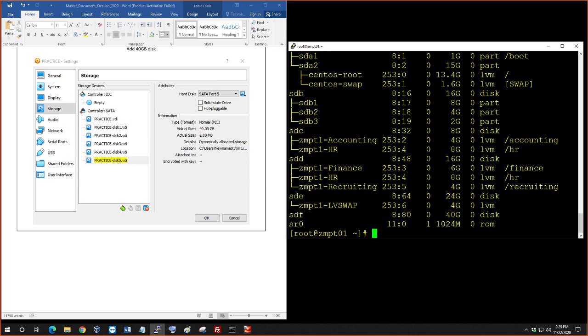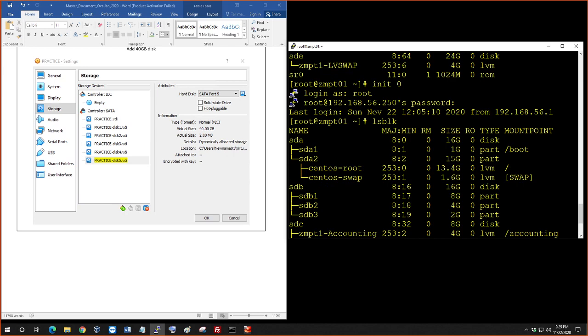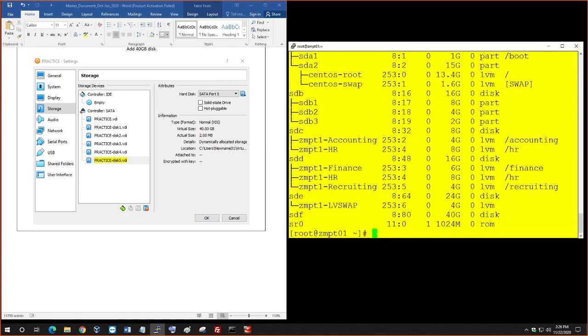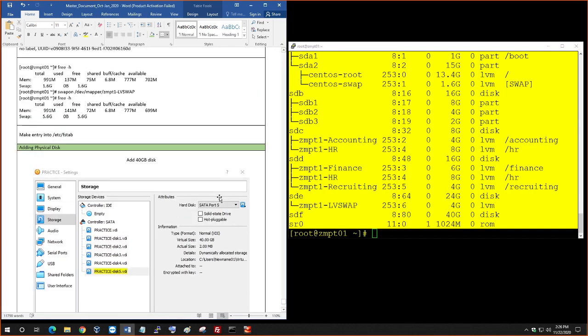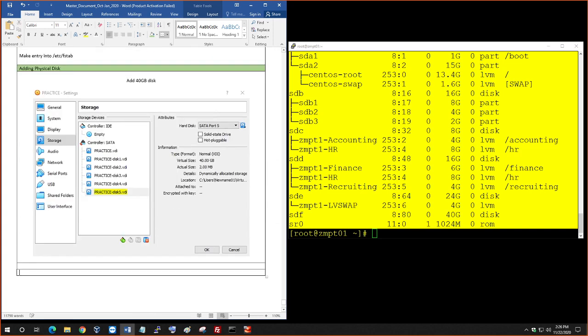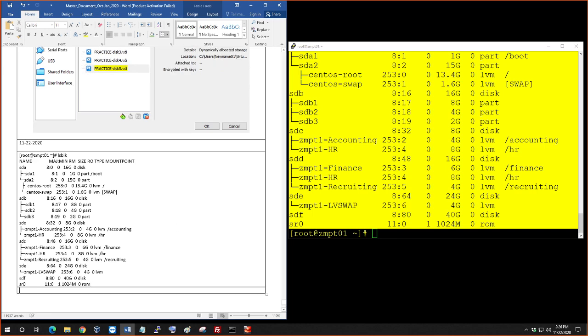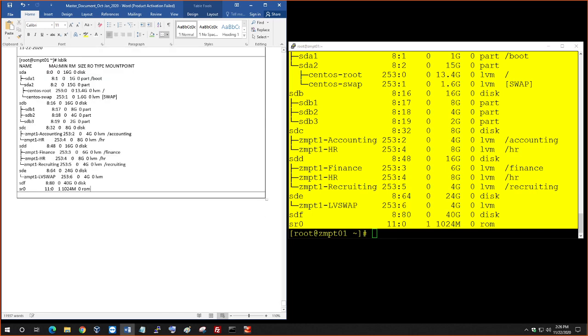I have this new drive added in here. Let me copy this. This disk is going to be the new disk added.